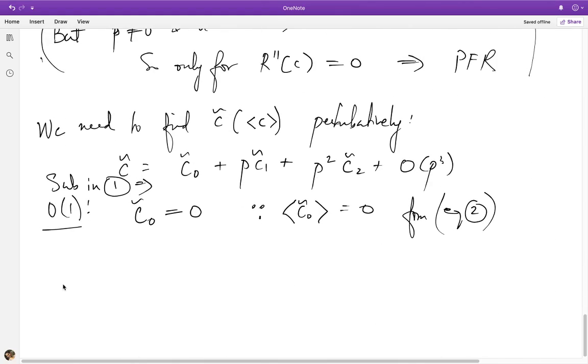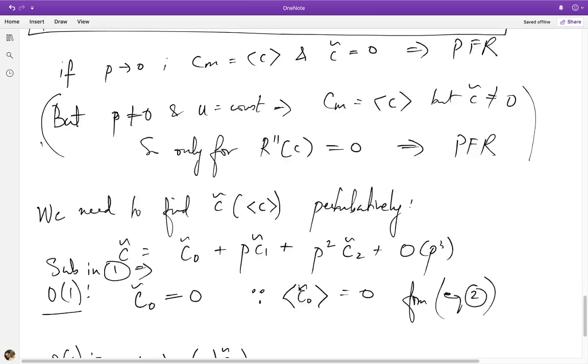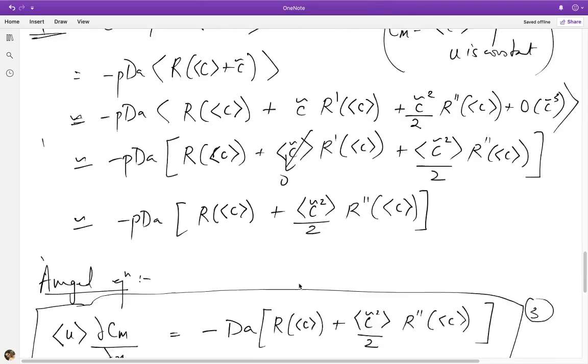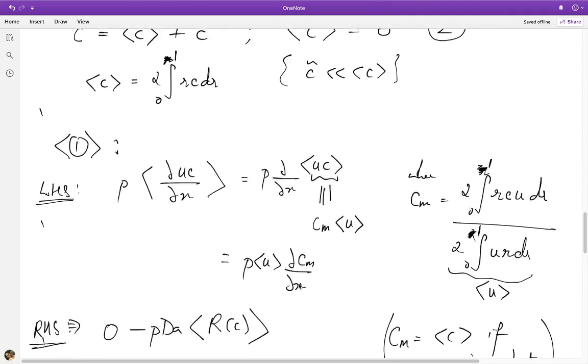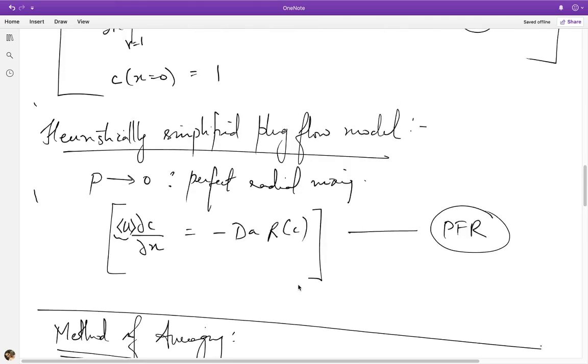So proceeding, we now go to order Peclet. So we now have 1 by r dou by dou r of r dou c 1 tilde by dou r is equal to, now remember we have to substitute, let's go back here, where is my equation 1?